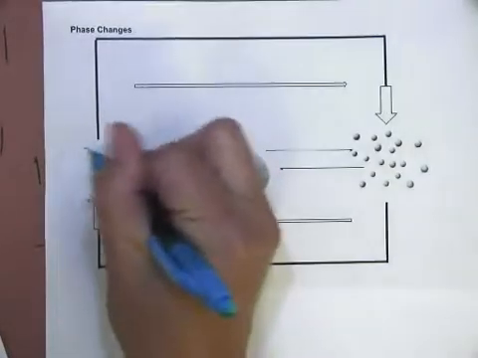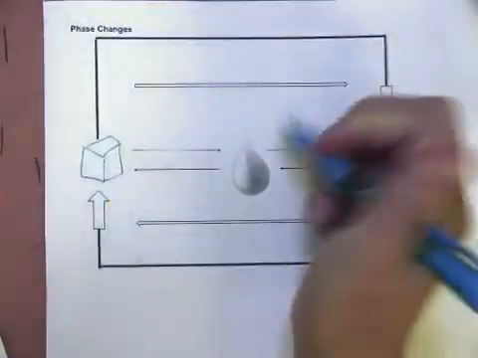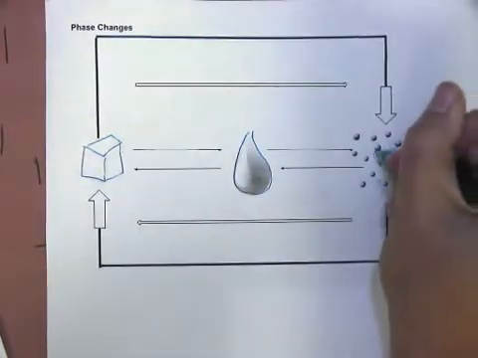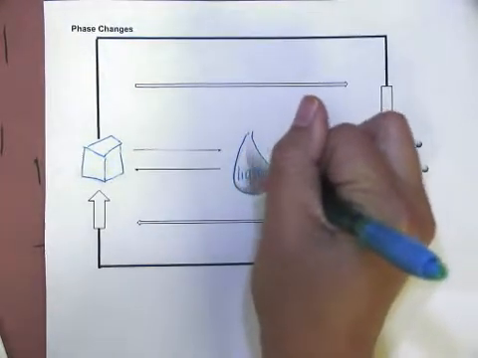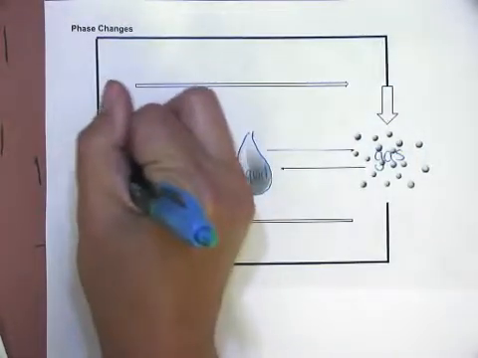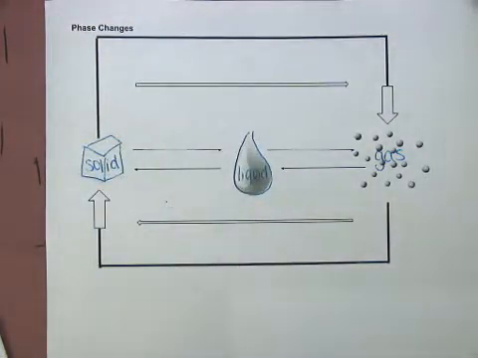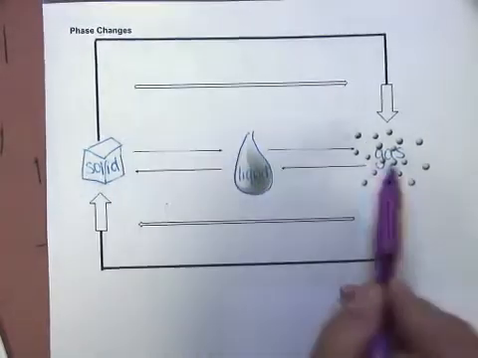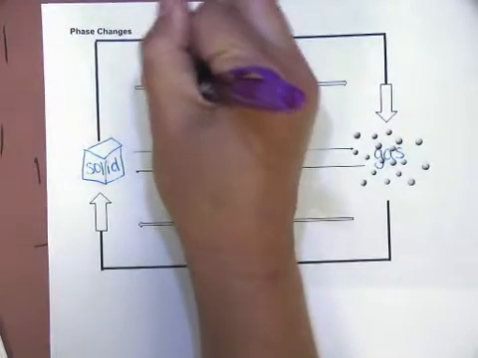Phase changes between our solid ice cube, our liquid droplet of water, and our gas. We go through different phase changes. From solid to liquid to gas, we add energy.